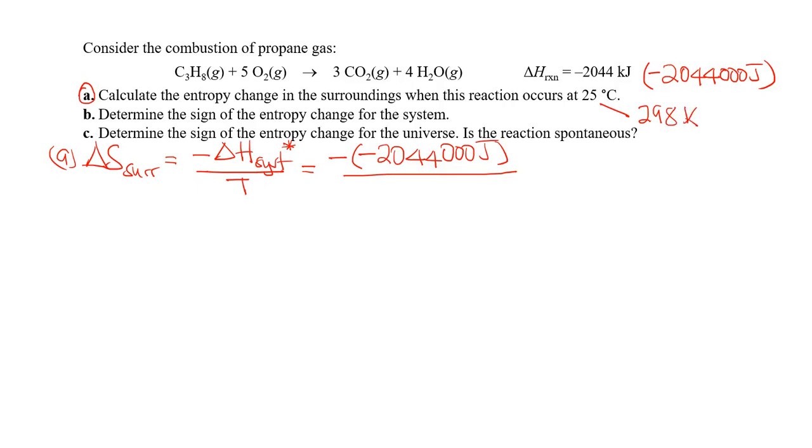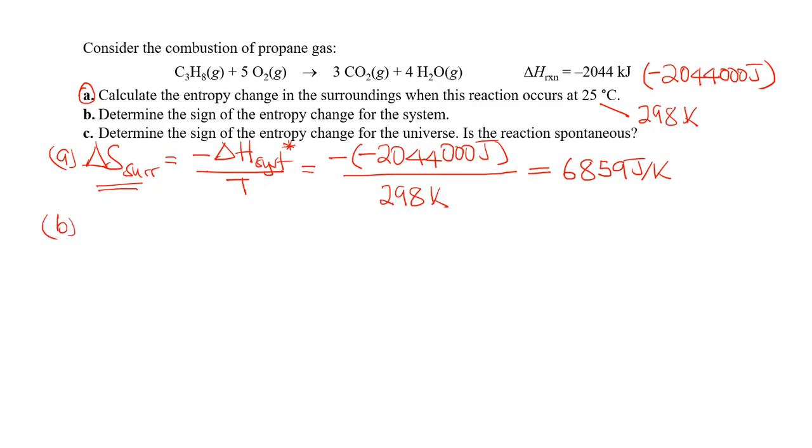So I'll say here divided by 298 K. And for this one, the answer is 6859. So the units are joules per Kelvin. So that is the change in entropy of the surrounding. So we need to remember this formula. Delta S surrounding is equal to negative delta H system divided by T.